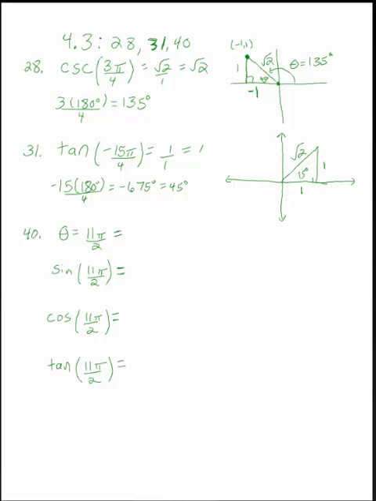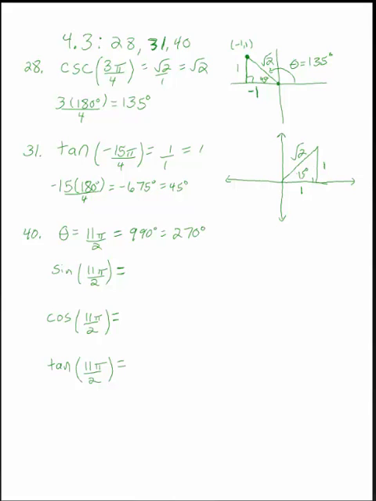Pi over 2 is just 90, so I'm doing 90 11 times, which gives me 990. But again, I'm just going to keep subtracting off multiples of 360 until I get something nice. Oh, that looks like it's 270 degrees.